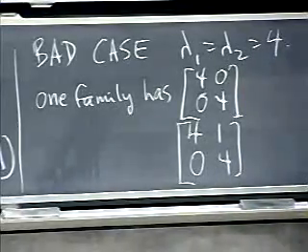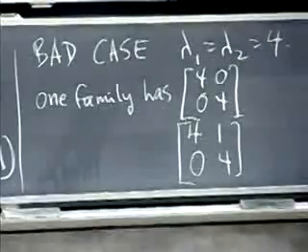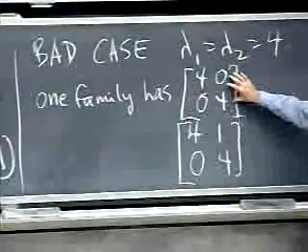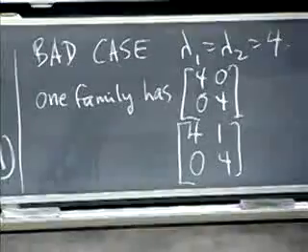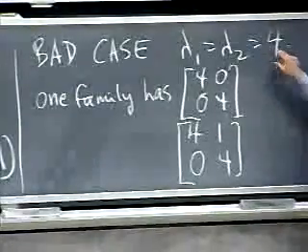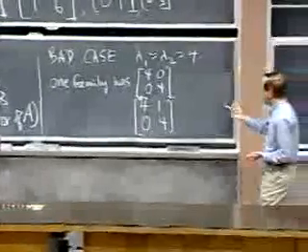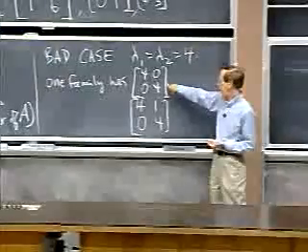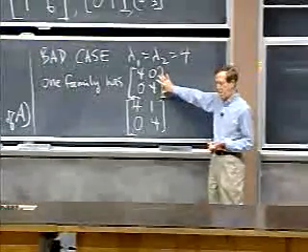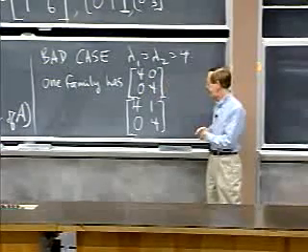And my point, here's the whole point of this bad stuff, is that this guy is not in the same family with that one. The family of matrices that have eigenvalues 4 and 4 is 2 families. There's this total loner here who's in a family by himself.